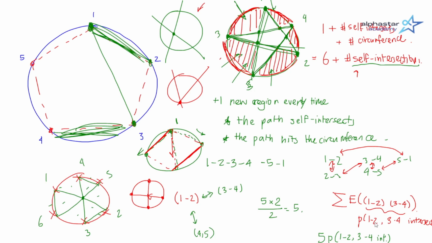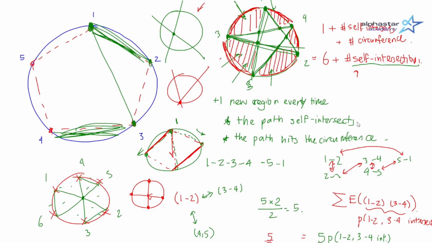We see that happens with a 1/3 probability. Imagine taking every possible way to connect two pairs of points among a set of 4. Then only 1/3 of them result in an intersection. So really this sum, which is the expected number of self-intersections, is just 5 times 1/3, or 5/3.